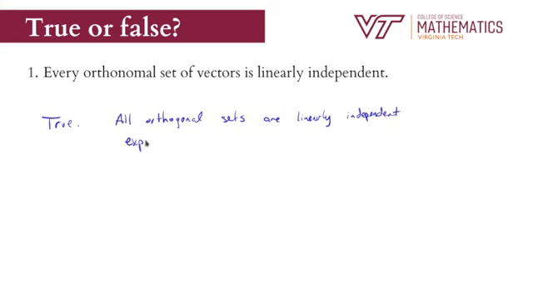Except if they contain the zero vector. We have that as a fact. But the zero vector cannot be made into a unit vector.